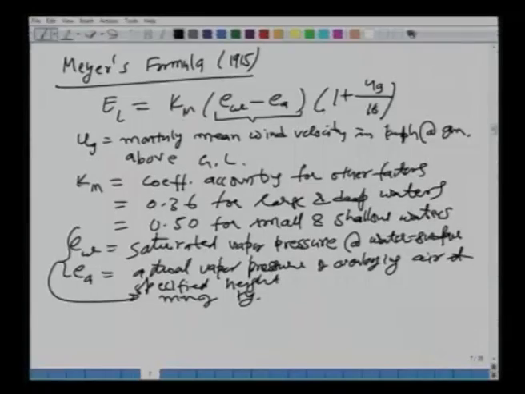It is the difference between the saturation vapor pressure and the actual vapor pressure, so it is the deficit. The higher the EA, the lower will be the rate of evaporation. The lower the value of EA, the higher will be the evaporation, and we have seen that earlier. The second physical factor which this method accounts for is the wind velocity.